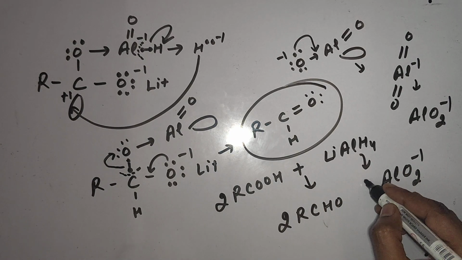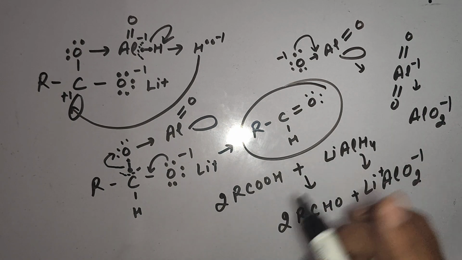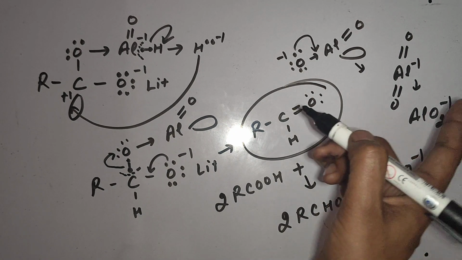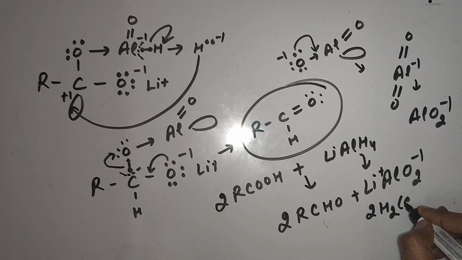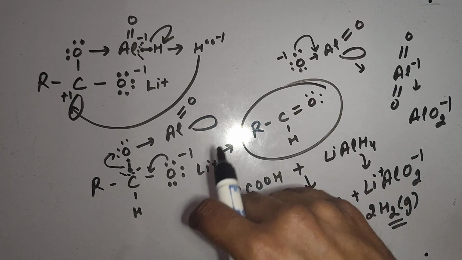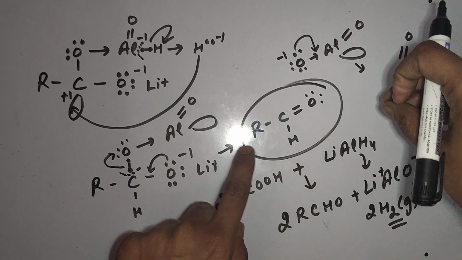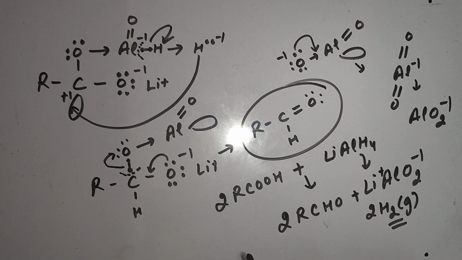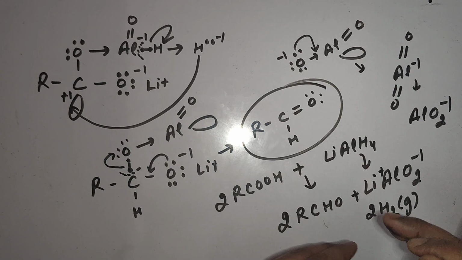And this negative charge will be satisfied by lithium. With the release of how many hydrogen gas particles? Remember the very first step, two H2 gas particles will release out from here. Means two particles of carboxylic acid, due to one lithium aluminium hydride, will turn to two aldehydic particles. And this is the condition of lithium aluminium hydride there.